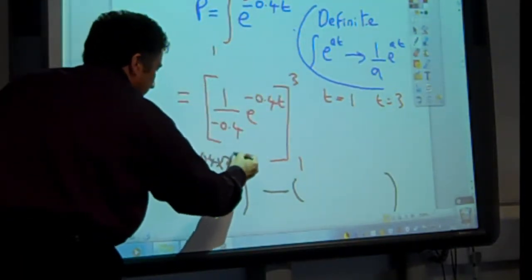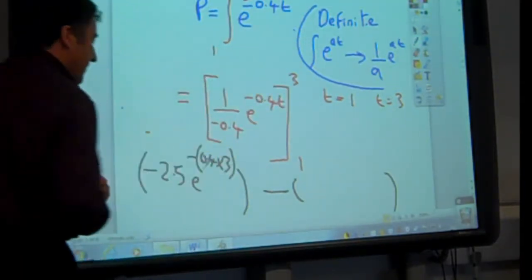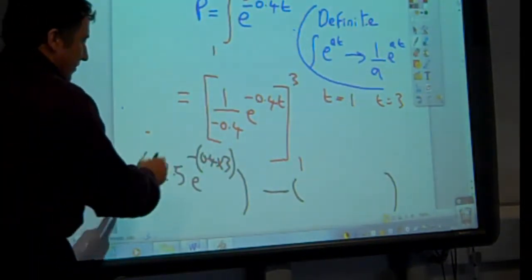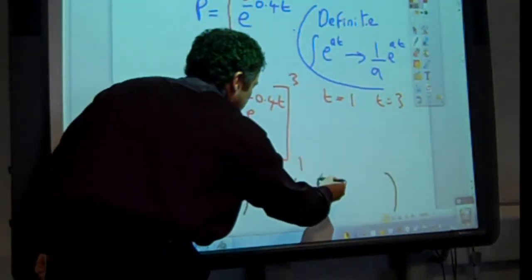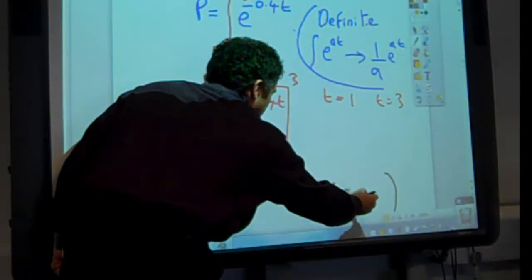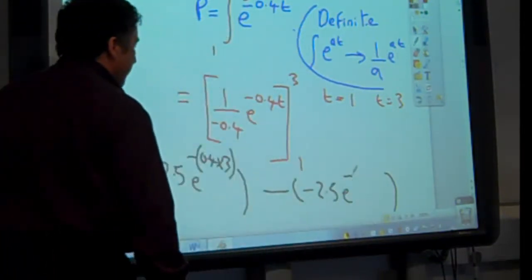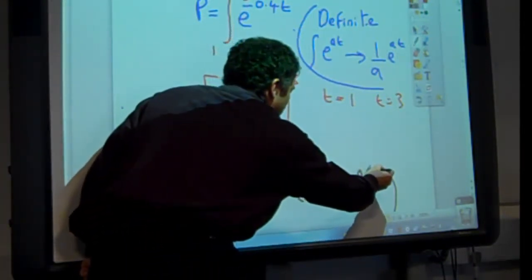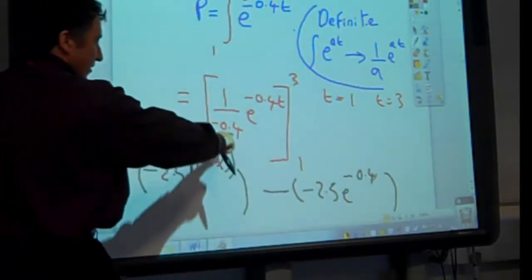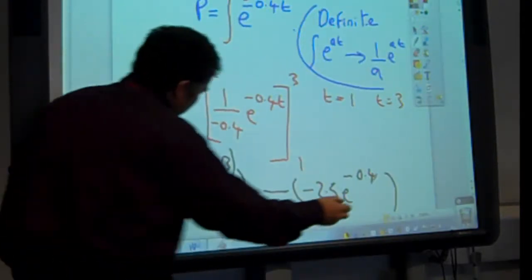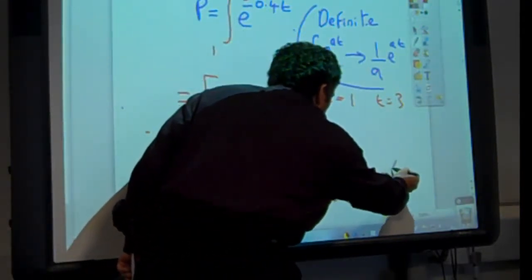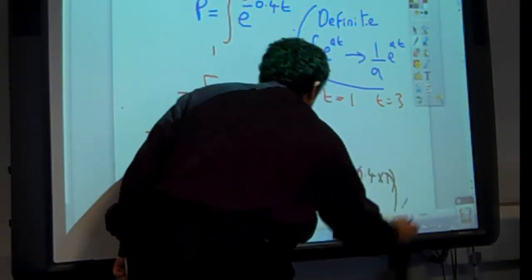That 3 value goes in there. On the other side, we do exactly the same, because we've got exactly the same setup. E to the minus, be careful here, 0.4. The lower limit is 1, so if you put a 1 in, we'll put that in brackets.